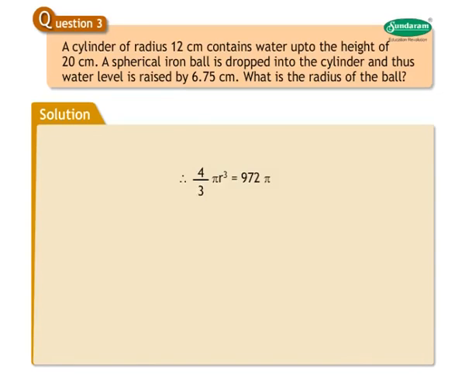Therefore, 4 upon 3 into pi r cube is equal to 972 pi. Therefore, r cube is 972 into 3 upon 4. Therefore, r cube is equal to 729. Therefore, radius of the sphere is equal to 9 centimeters.